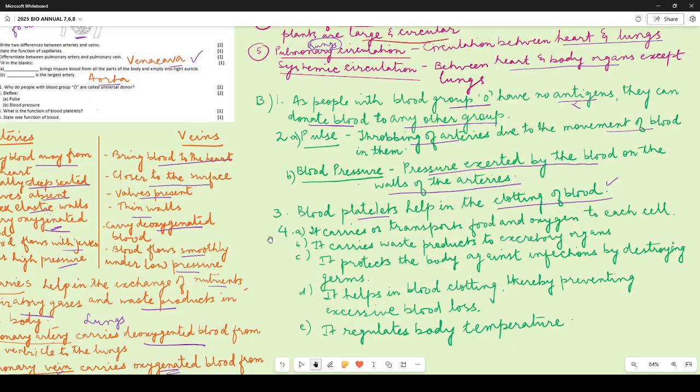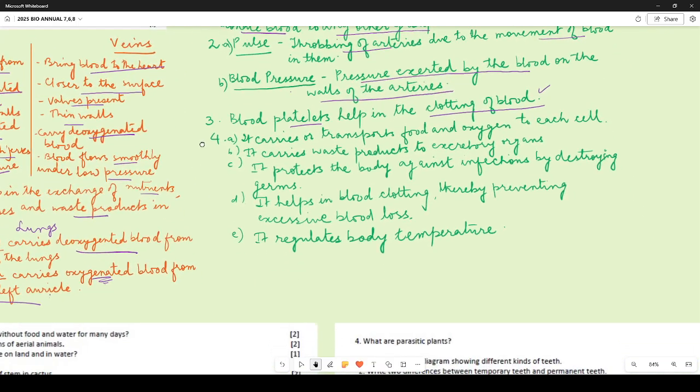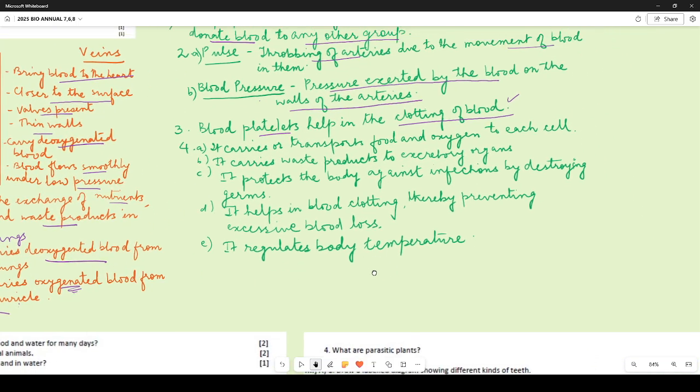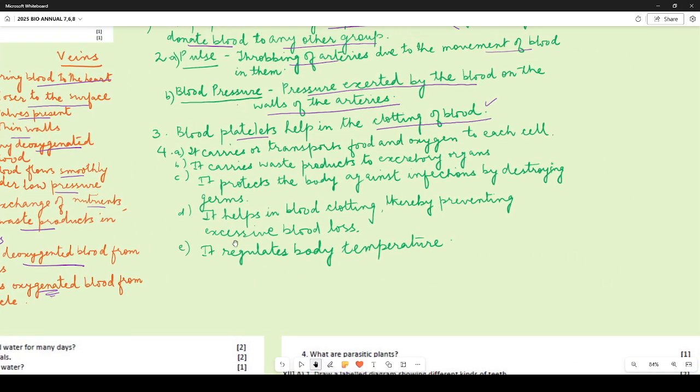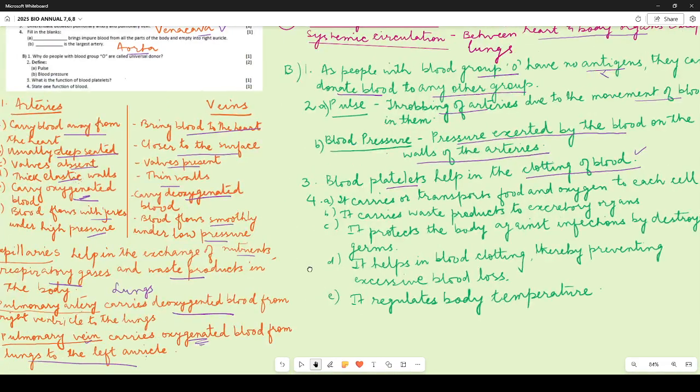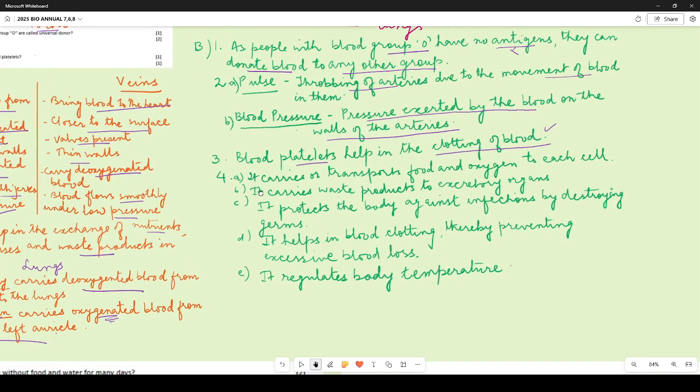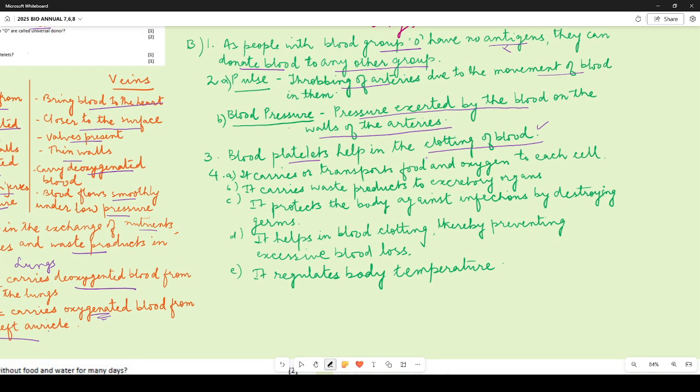State one function of blood. So I have put a lot of functions over here, so you can choose any one. The question says state one function. So it carries or transports food and oxygen to each and every cell. That is one important function. Then it carries waste products to excretory organs.